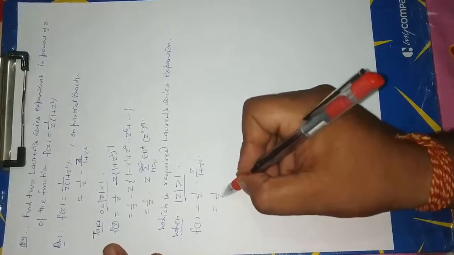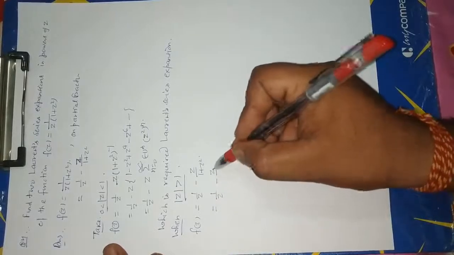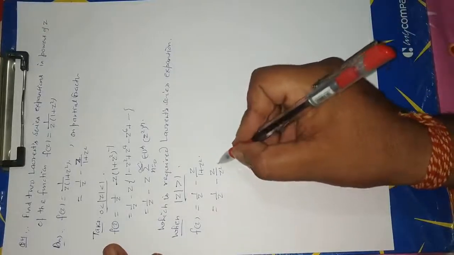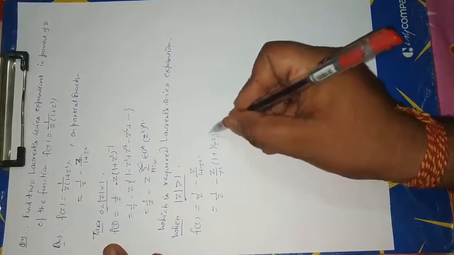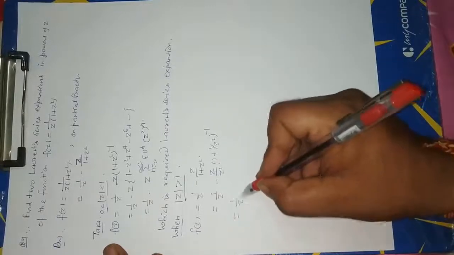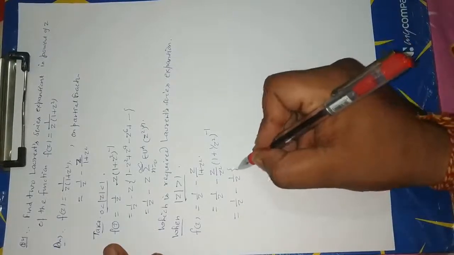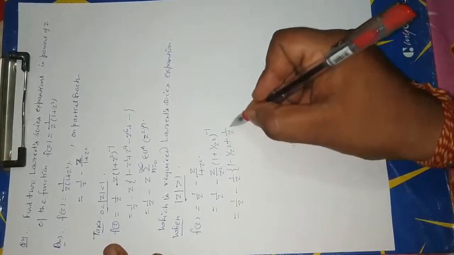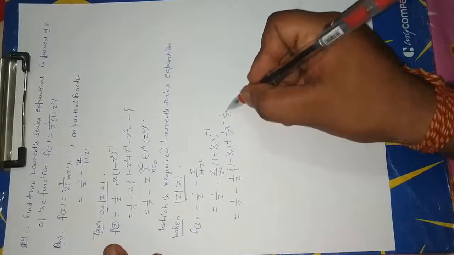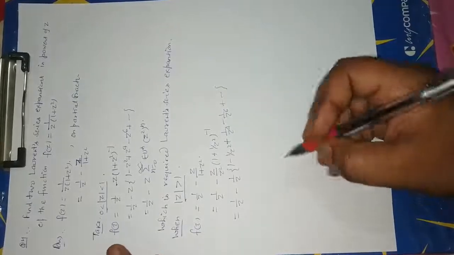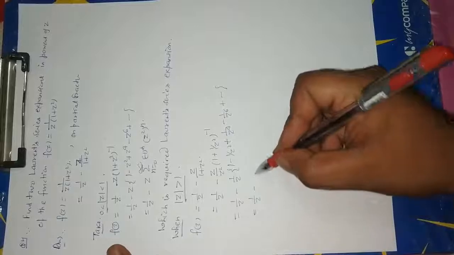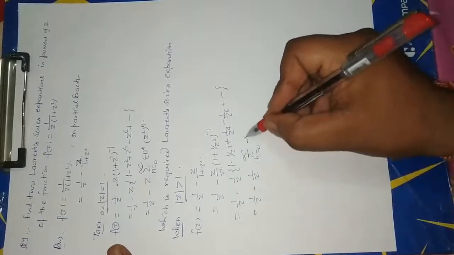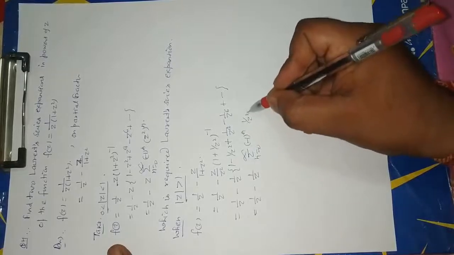Therefore 1 upon z minus, now z is greater than 1, therefore we take common z square, 1 plus 1 upon z square whole power minus 1, 1 upon z minus 1 upon z, expand binomially 1 minus 1 upon z square plus 1 upon z to the power 4 minus 1 upon z to the power 6 plus up to dot. This is equal to 1 upon z minus 1 upon z summation n is equal to 0 to infinity minus 1 to the power n 1 upon z square whole power n.